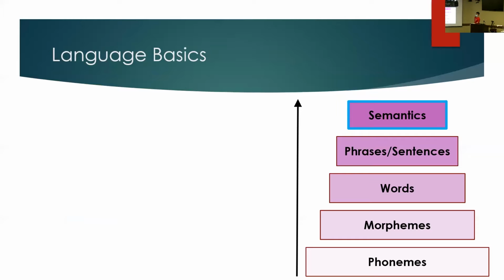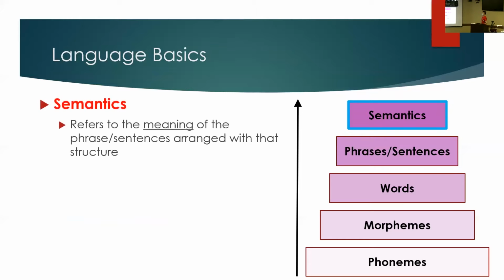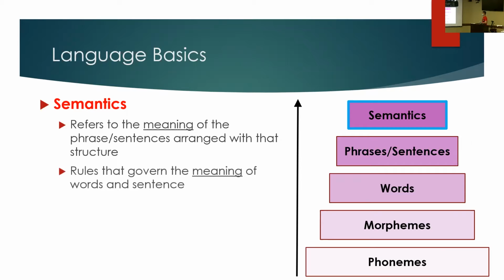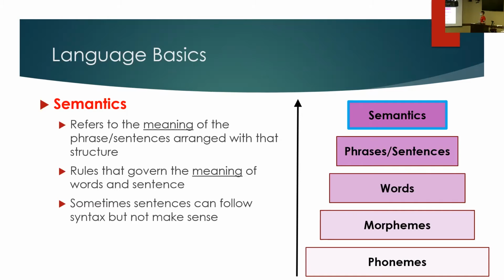Lastly, we have semantics. That refers to the meaning of the phrase and sentences arranged with that structure. Okay, I'm going to give you some examples to understand this. So this is the rule that governs the meaning of words and sentences. And sometimes sentences can follow syntax but not make sense.